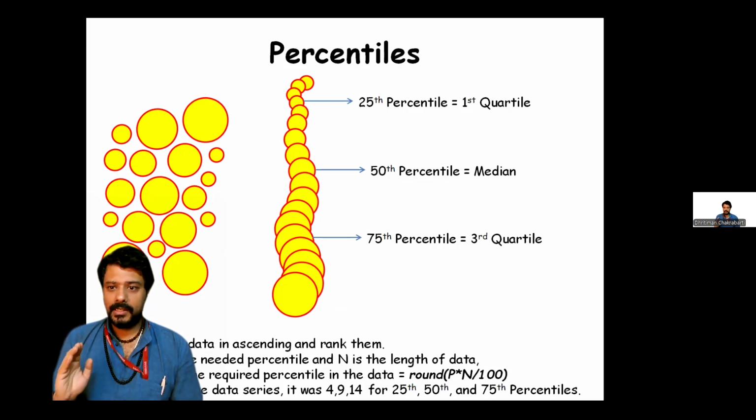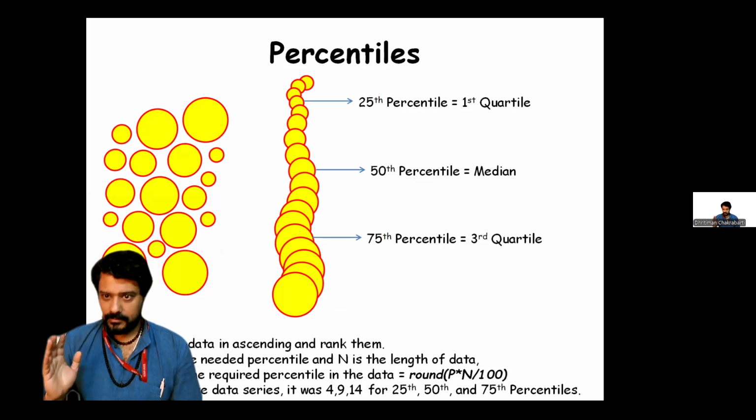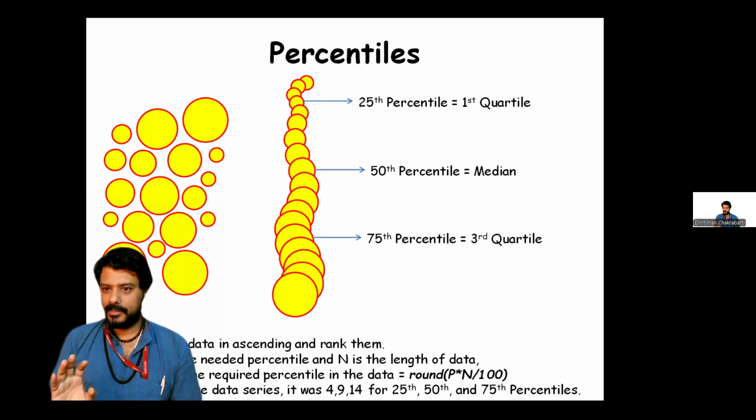If you have got a 99th percentile at suppose 780, for example, then that tells you that 99% of the data series has values less than 780. Okay, so that is what percentile means. That is how you will interpret a percentile.